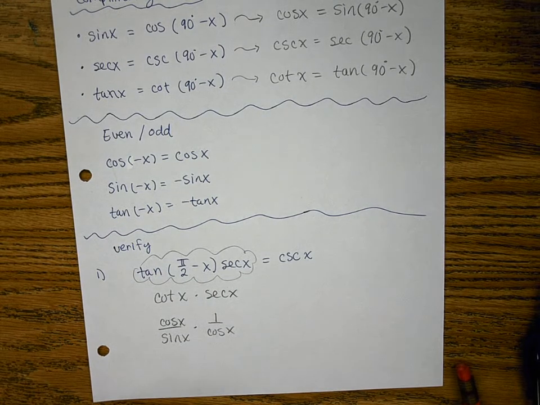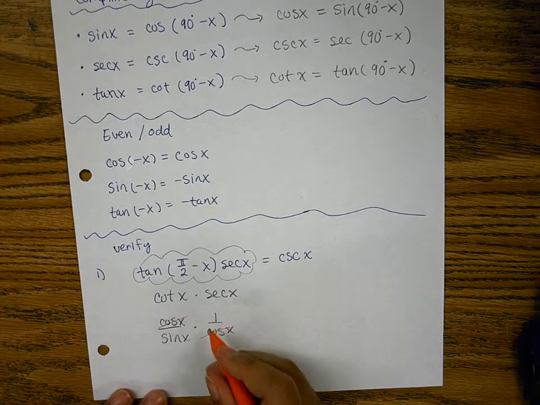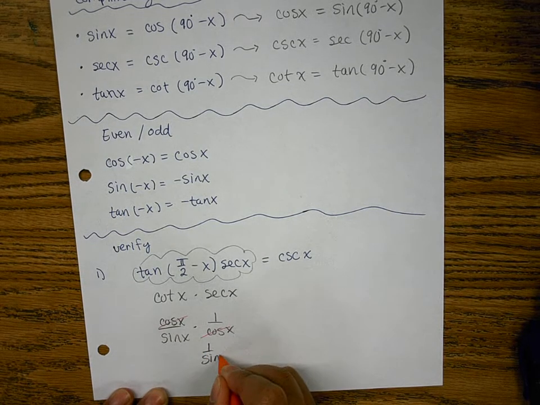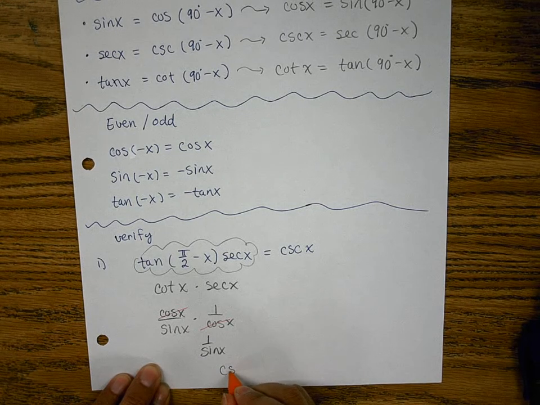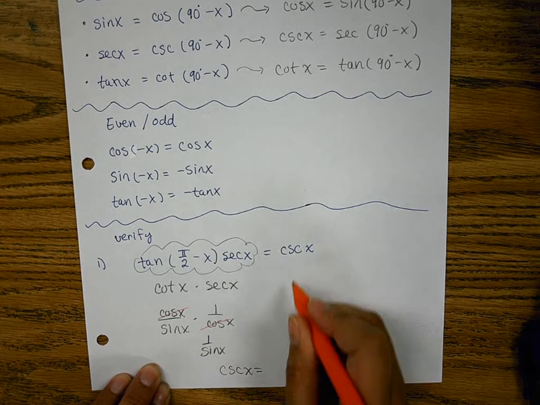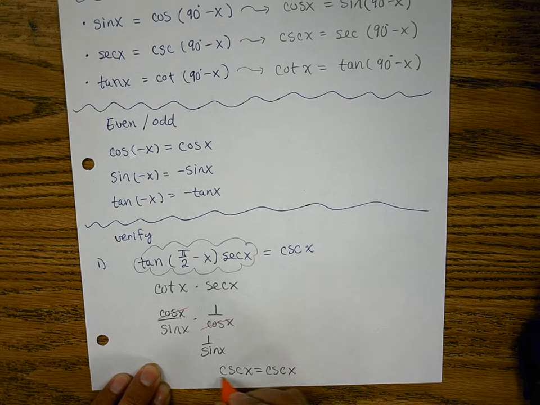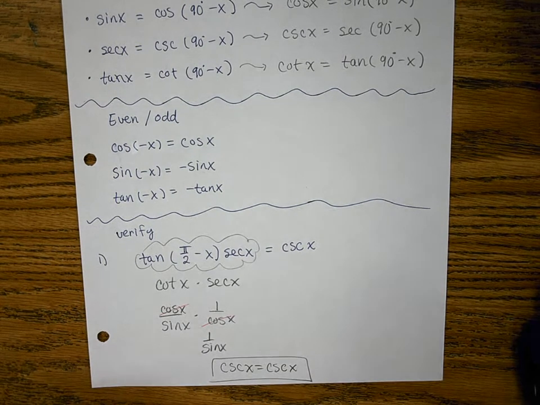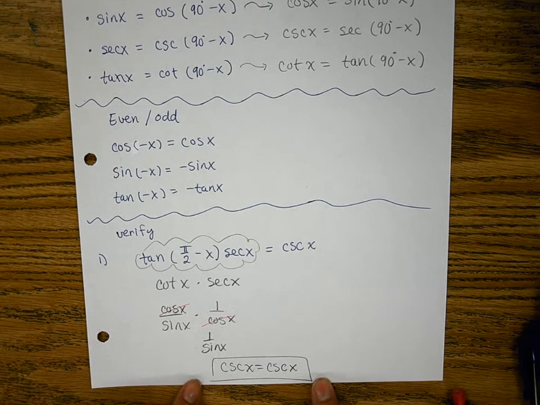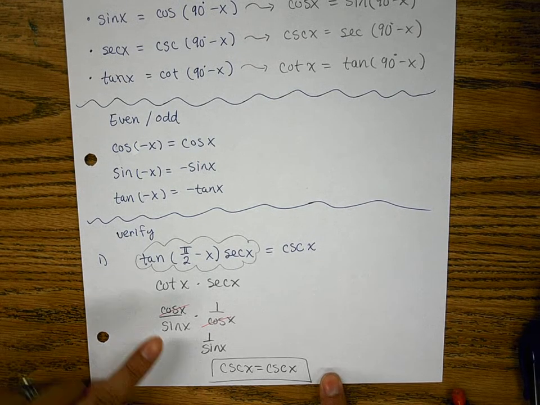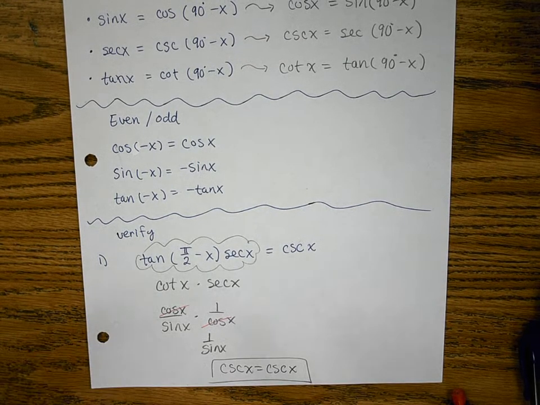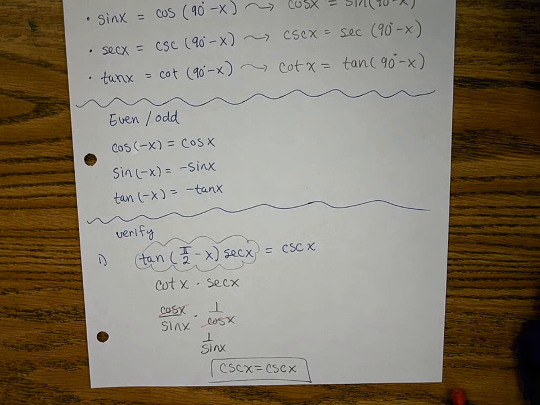And that reduces nicely, leaving me with 1 over sine. And look what I'm trying to prove, and sure enough, 1 over sine is cosecant of x equals cosecant of x. Again, you're not boxing in because that's your answer. You're boxing in because you are done. You're telling me you're done. This work is your answer for these type of problems.